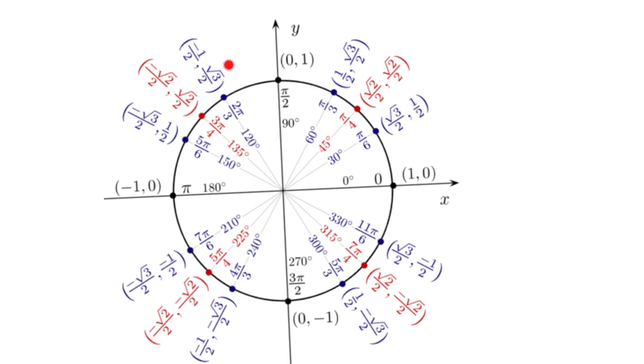So y over x, root 3 over 2 over negative 1/2. 2 pi over 3: the y-coordinate's root 3 over 2, so flip it, 2 over root 3. The x-coordinate is negative 1/2. Pi is right here. Coordinate's negative 1, 0. The x is negative 1. Y over x, so 0 divided by negative 1.